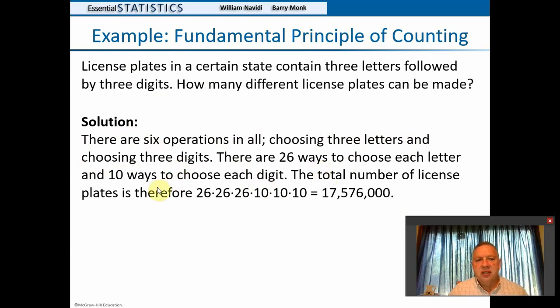So the total number of license plates is 26 times 26 times 26 for the letters, times 10 times 10 times 10 for the digits. So we would have 17,576,000 different license plates that we could come up with.